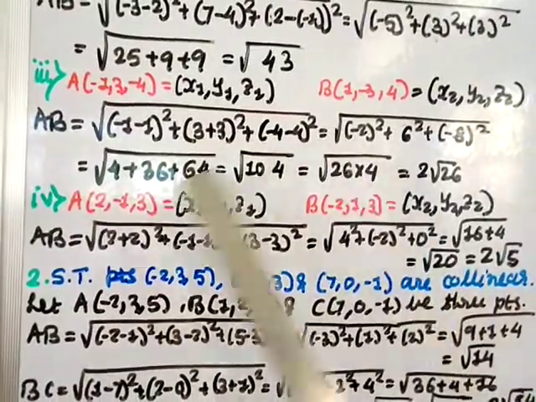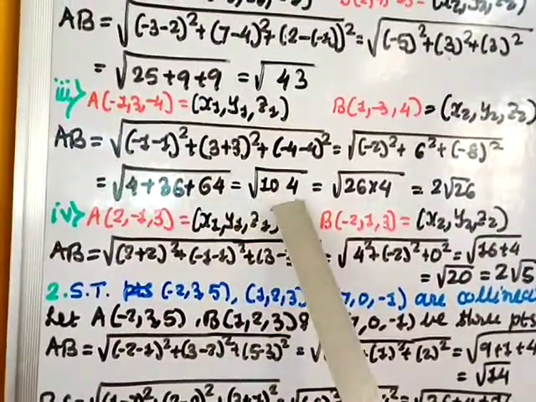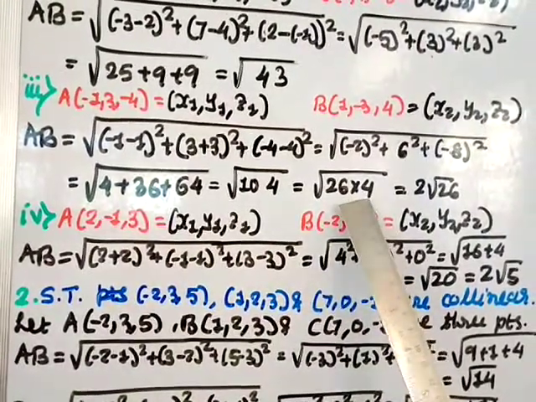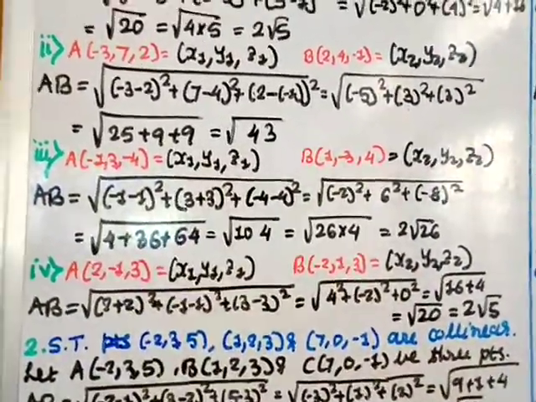Even if negative, the square is always positive. Sum up together you get under the square root 104. This can be written as under the square root 26 into 4. Square root of 4 is 2, so 2 under the square root 26. So that is the distance between the given 2 points.